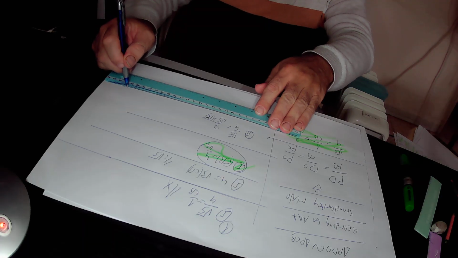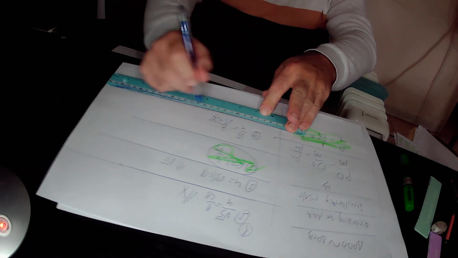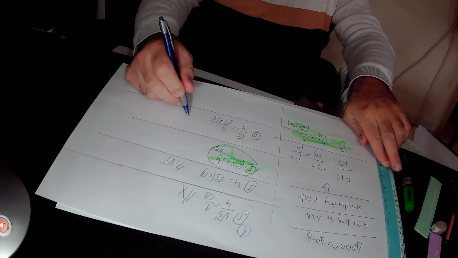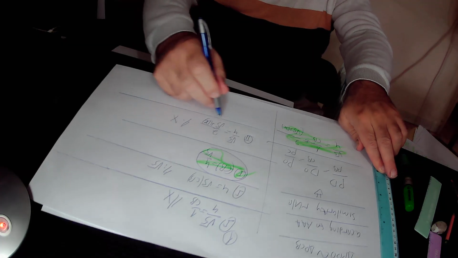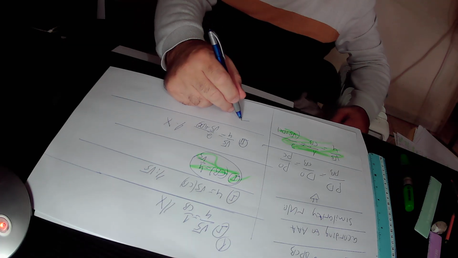So here we will cross multiply equation 2, and get that according to equation 2, 2 times 4 is 8.